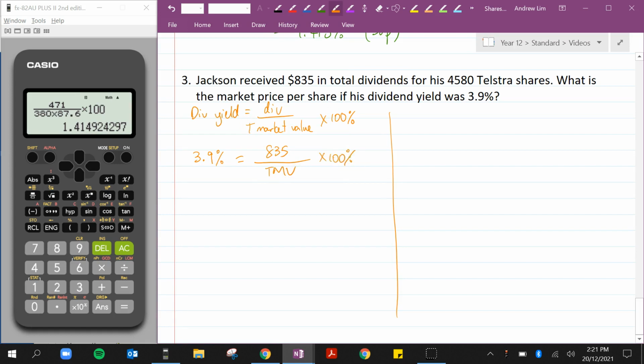Alright, so in order for us to do this, we need to divide both sides by 100%. So we've got 3.9% divided by 100%, which is 0.039.